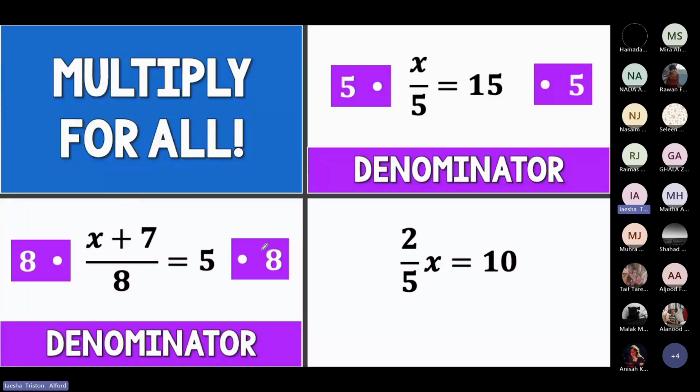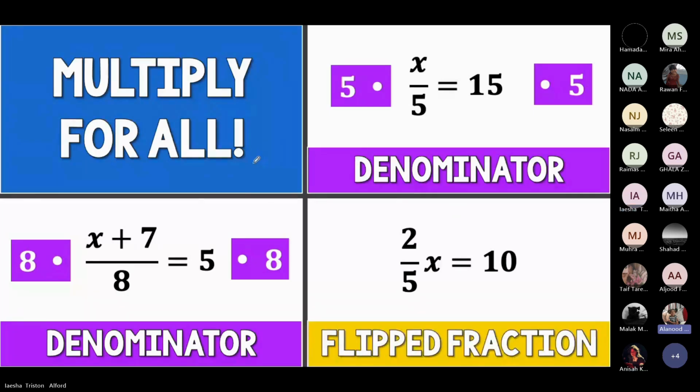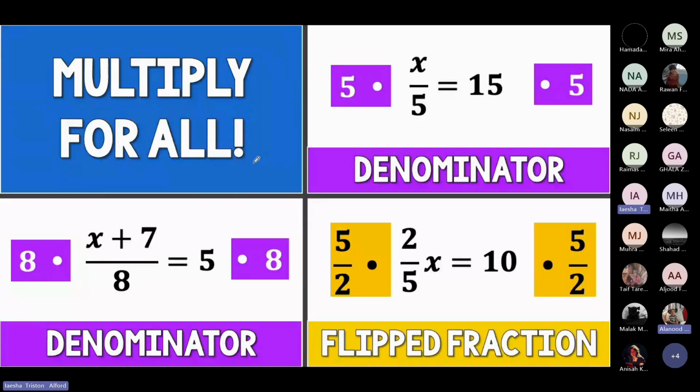The last one, multiply by the flip, positive 5 over 2, both sides. Be careful in the exam. You have 3 different equations here, so make sure that you are multiplying the correct number.